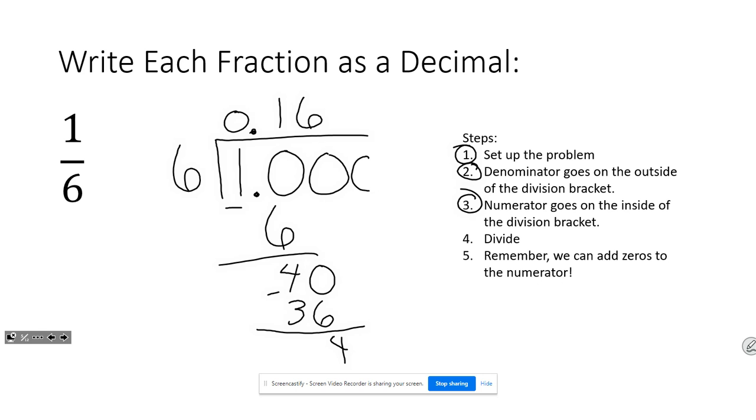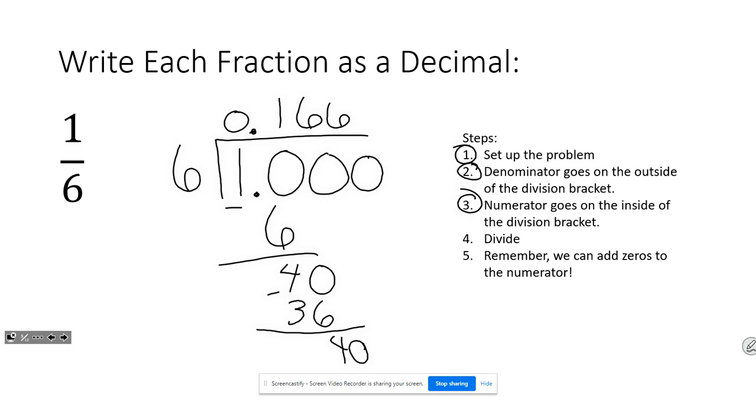And I had one more 0. Drop it down. How many times does 6 go into 40? 6 times. Wait. I feel like this might just keep going forever. Because every time I do that, we're just going to have 4 left over. And then we're going to add a 0 and drop it down and get 40.